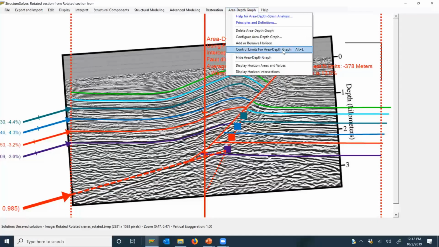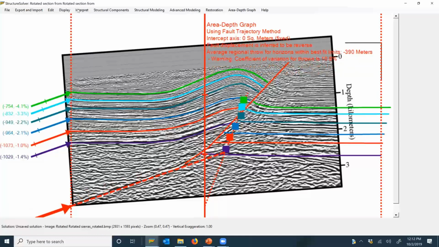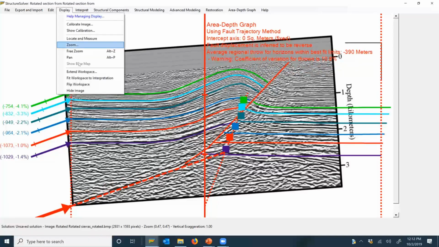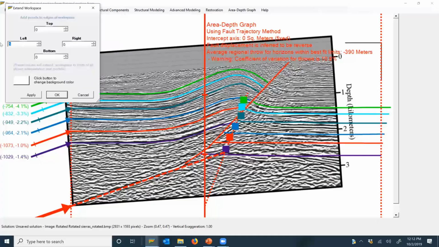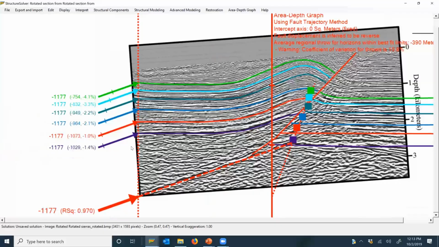So we'll add in the rest of the horizons. We'll extend our workspace. And so now reported out at the left, we have the displacement on the structure. So it's about 1.2 kilometers of total shortening.